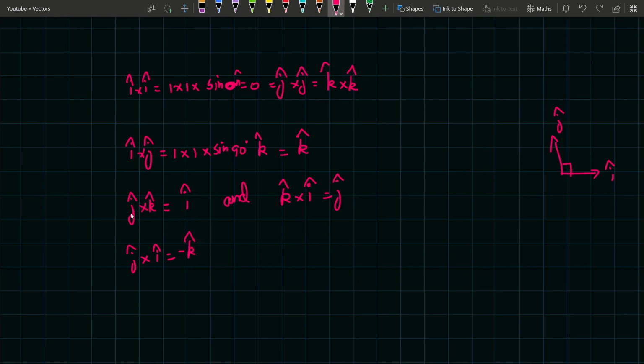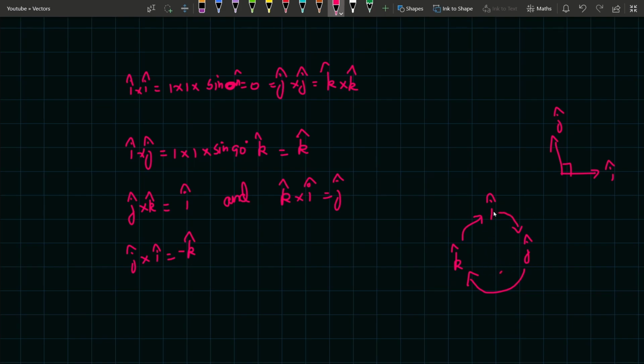So k cross j is minus i. i cross k is minus j. To remember all these things, just use this method: i, j and k. Think of it as a circle. If you go along this circle, then it will be positive. If you go in the opposite direction, it will be negative.